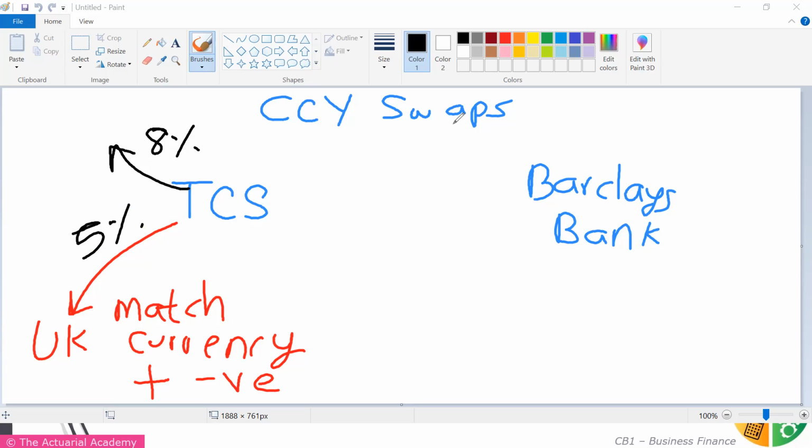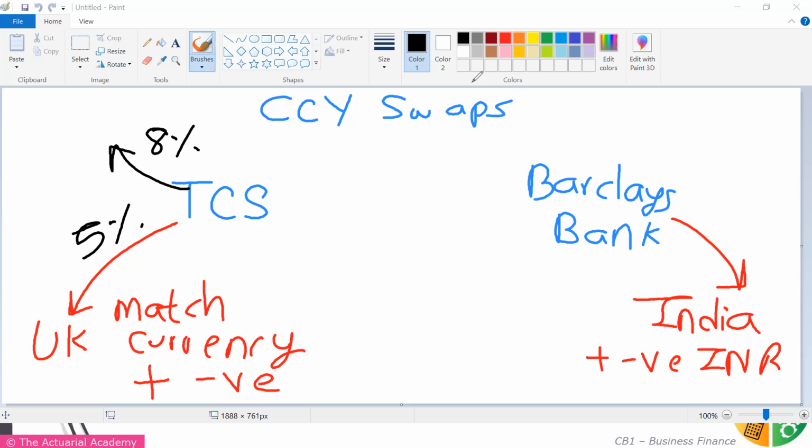Now, similarly, we'll look at it from the Barclays perspective. Barclays wants to set up business in India. So even they'll want to do the same thing, match positive and negative INR payments, right? Barclays needs to take out a loan to set up in India, and that loan should be in INR.